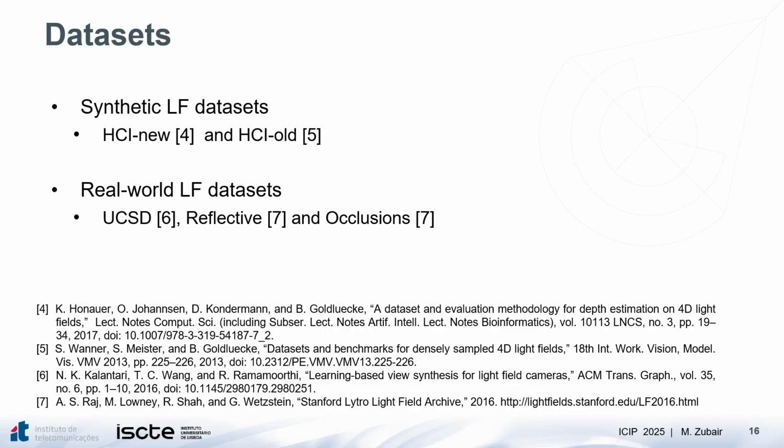We also perform evaluation on the synthetic dataset by using 4 scenes from HCI new and 5 scenes from HCI old. In contrast, we also perform evaluation by using 30 scenes from the real world dataset UCST, 15 scenes from reflective, and 25 scenes from occlusion.